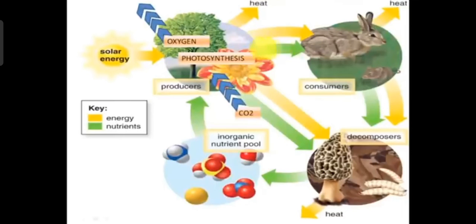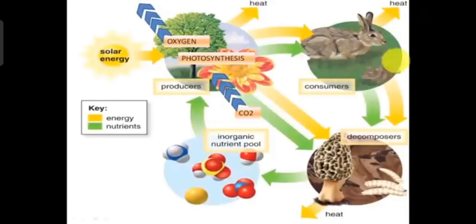In this process a lot of oxygen is given out and a lot of heat is given out, and these primary producers become food for the primary consumers. Over here I have shown rabbits, right? These rabbits and rats are the primary consumers.